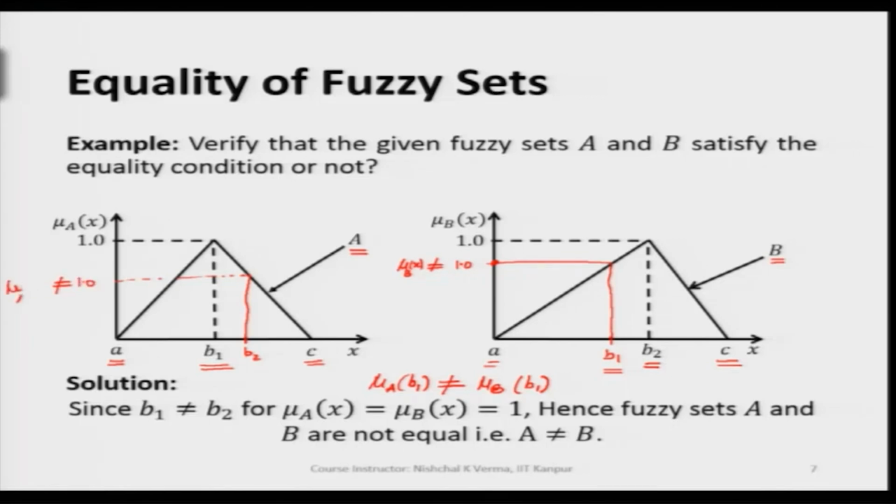So, this is mu A of x. This way, for the same generic variable values in both the sets, their corresponding membership values are not equal. So, we can say fuzzy sets A and B are not equal.